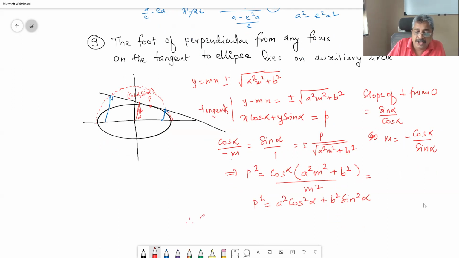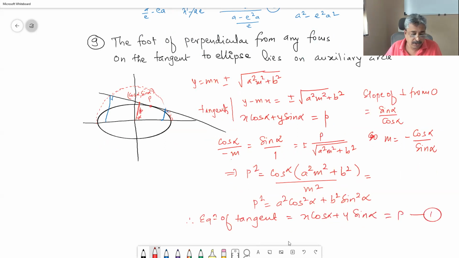So the equation of the tangent is x cos alpha plus y sine alpha is equal to p. Let us call this the first equation.